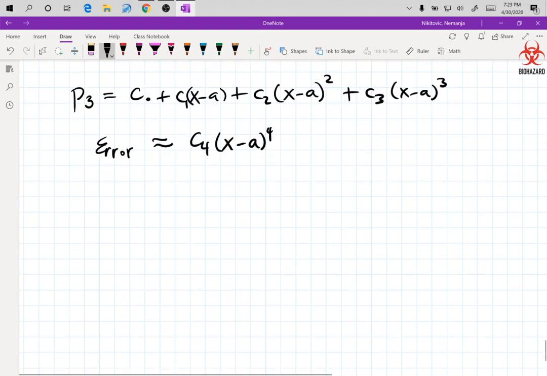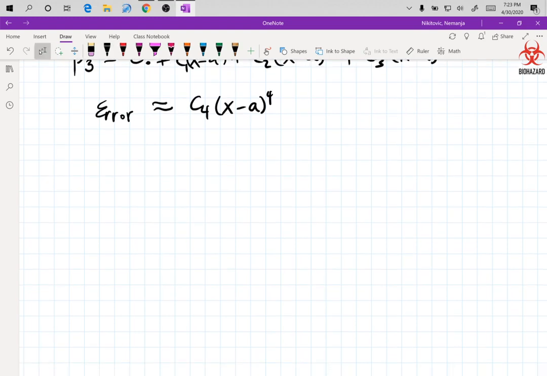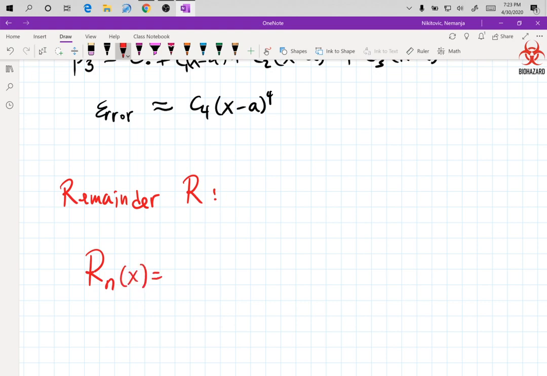Now we do have a nice formula where we call the remainder capital R. And just a formula, so the remainder Rn of x is your f of n plus 1 computed at some value c, over n plus 1 factorial.